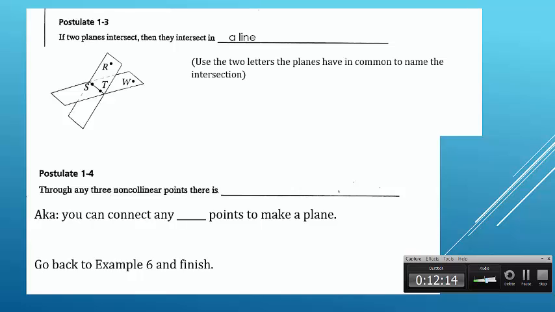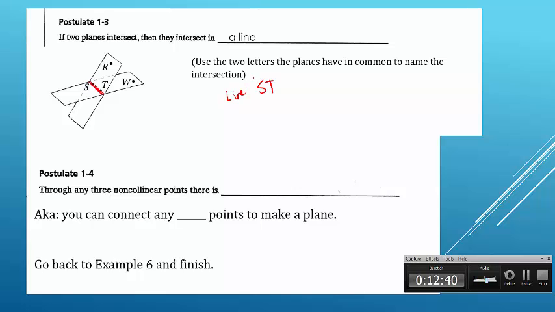That one will be kind of easy to mess up if you're not careful. If you look, these two planes crisscross right here, so all of that space they both have in common. All you do is pick two letters that the planes have in common, and that's the name of the line. S and T are the ones they have in common, so you would say that they intersect at line ST.